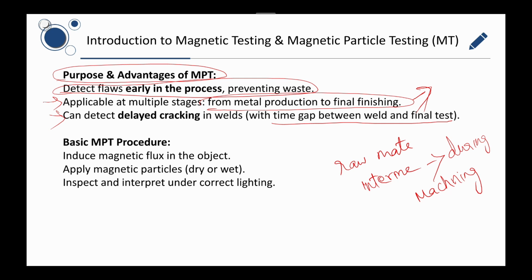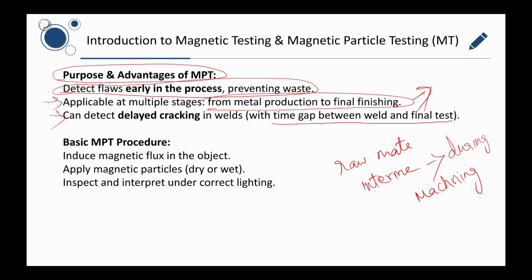And the main advantage of MPT is it's highly sensitive to surface defects. MPT can detect very fine cracks that are invisible to the naked eye, even under normal lighting. It's also quick and cost effective. Flexible application: it can be applied to large or small components, in the workshop or field.